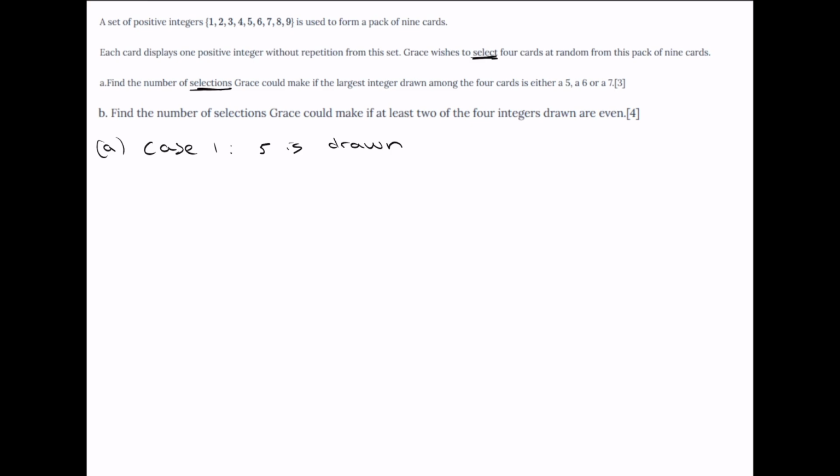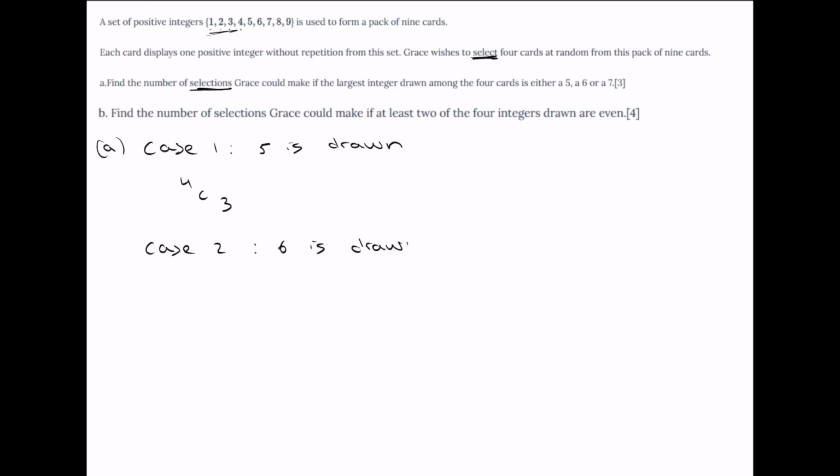So if we pick 5, we can only pick 1, 2, 3, and 4. We know 5 is taken, so we just take 4 choose 3. And why 4 choose 3? Because we can only choose from 1, 2, 3, and 4 to get the other 3 digits. Case 2 is when 6 is drawn.